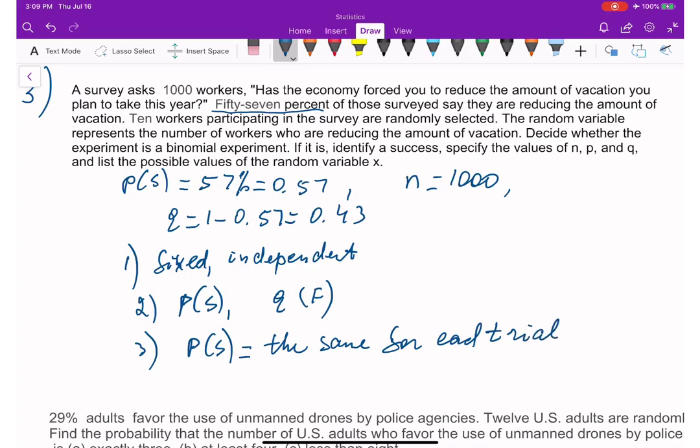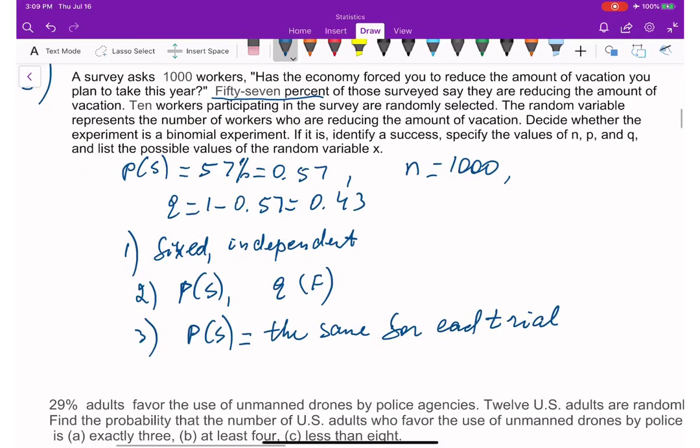Okay, what else? And the fourth one, number of successful trials. If 57% are successful trials, and we have n, then the number of successful trials can be anywhere between 1,000 and 0. So we need to find 57% of it.